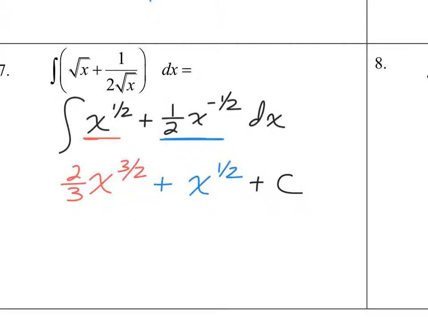Now, number 8, it's not a trick question now, but it will be sometime late next week, because you'll see other problems that kind of look like that, and it'll involve inverse trig integrals. You'll be like, oh, clearly I have to draw a triangle and develop a U and A substitution, whatever that means.